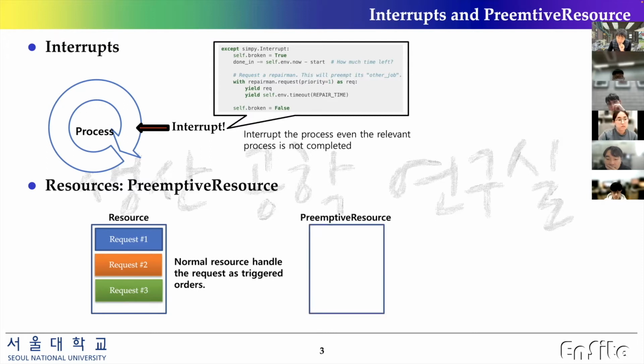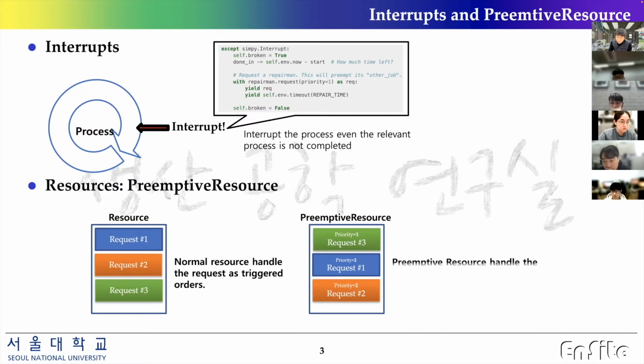But in the case of the preemptive resource, if there is a request with priority 2, and then a request with priority 1 arises, this priority 1 request can interrupt the other request and be served with the higher priority.